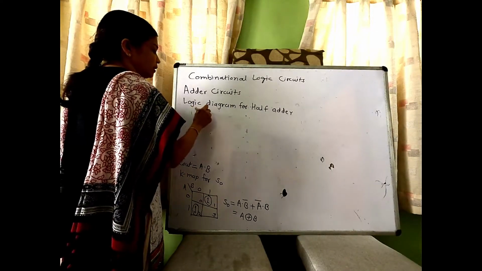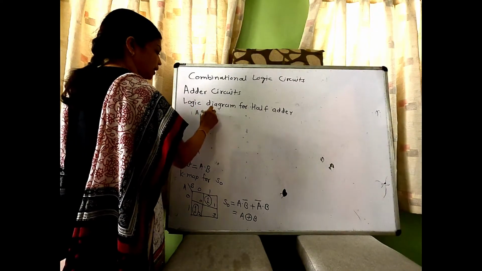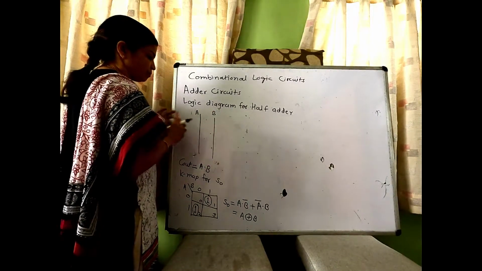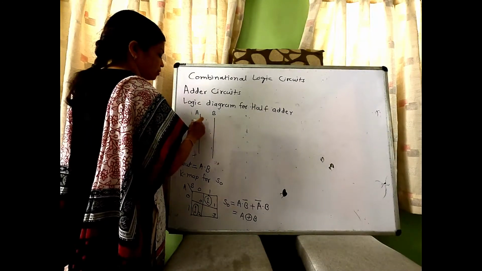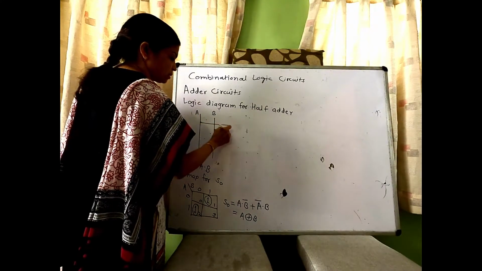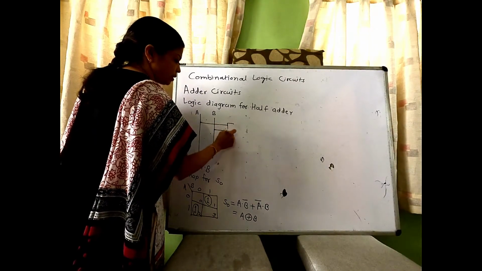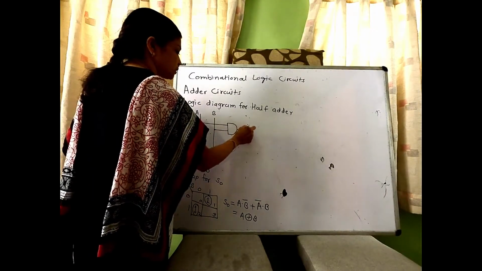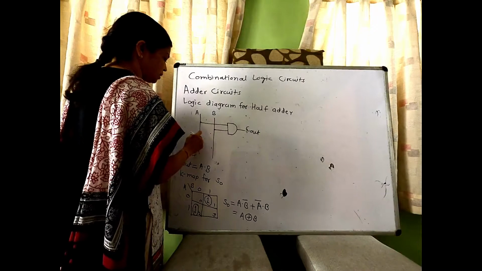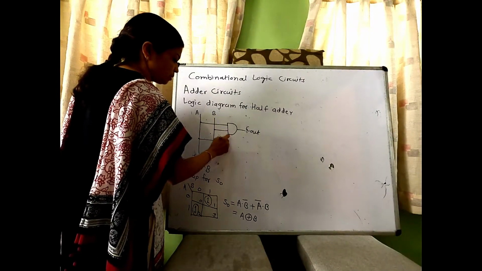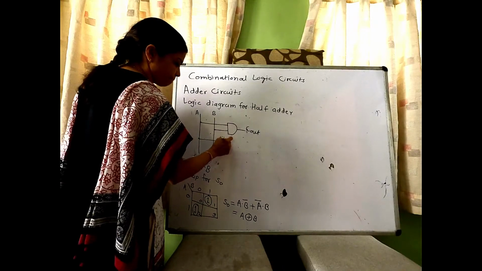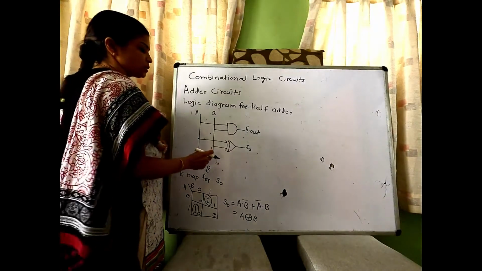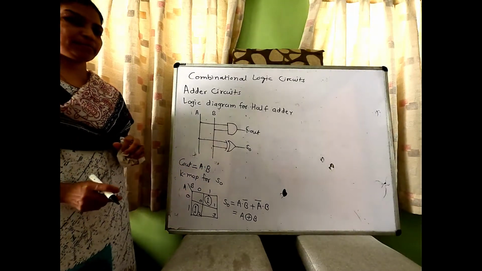Inputs are A and B. So here this is A dot B as the carry output Cout and A XOR B as the sum output, that is S0. This is the logic diagram for the half adder.